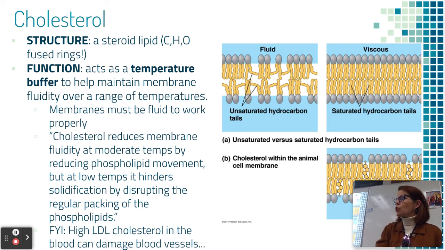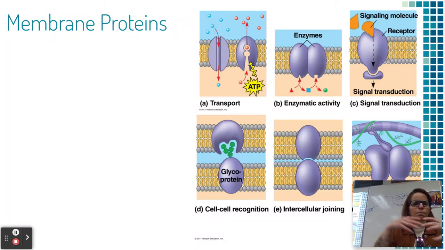And so it helps make sure that it allows species to exist at a variety of temperatures without our cells liquefying or without our cells solidifying. Like bacon grease solidifies after it cools down. That's what would happen theoretically to our cells if they got cool enough.